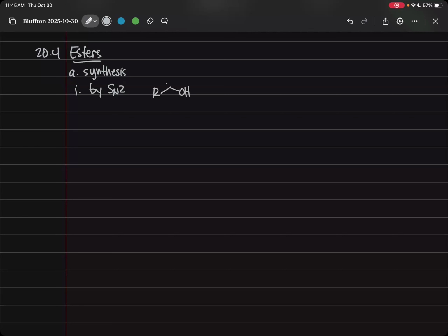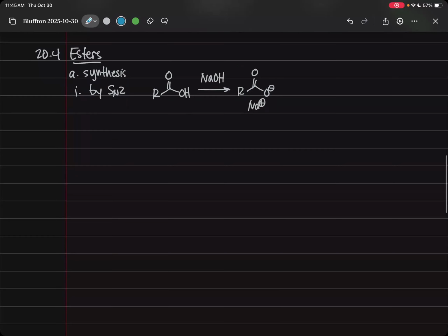We'll do that starting with a carboxylic acid, unsurprisingly. If we deprotonate the carboxylic acid with a base like sodium hydroxide, we get carboxylate ion. And now this is a good nucleophile.